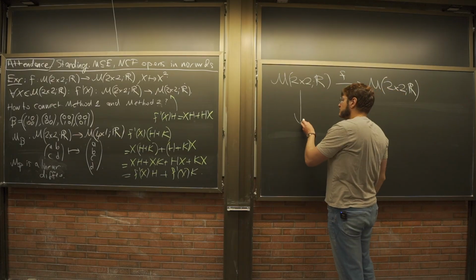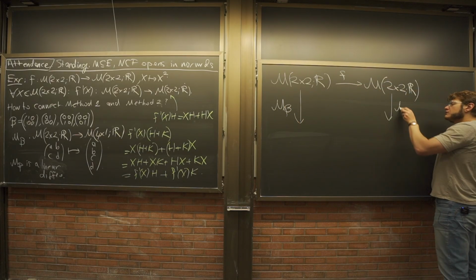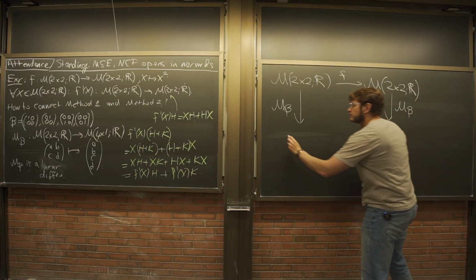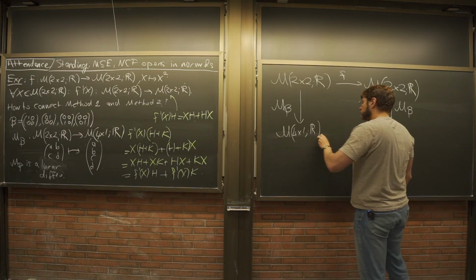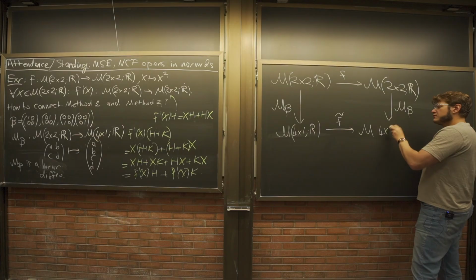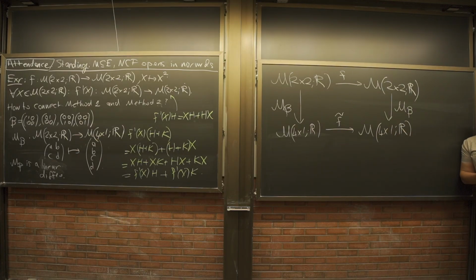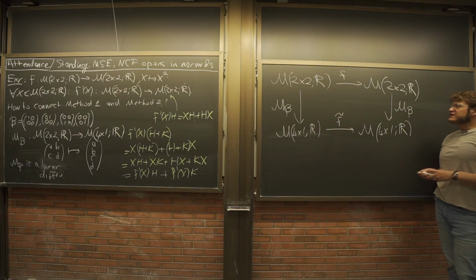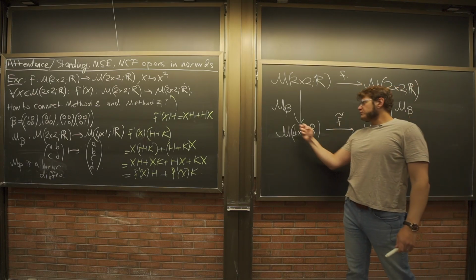Okay? So really, this diagram is satisfied. We defined f tilde so that this holds. Okay? Now what does this mean? This means that m sub beta composed with f is equal to f tilde composed with m sub beta.